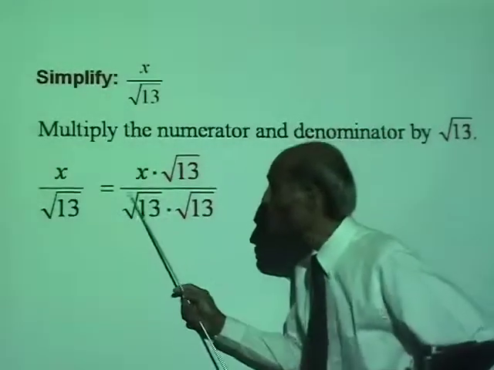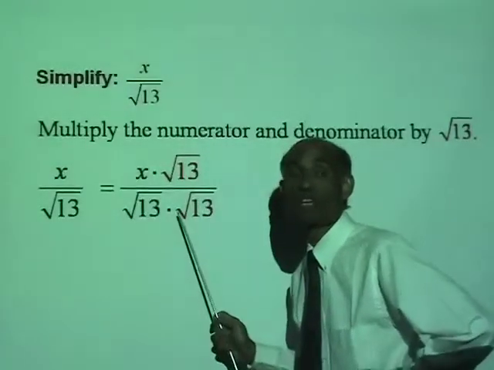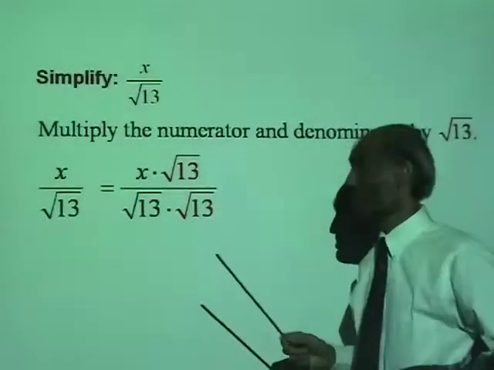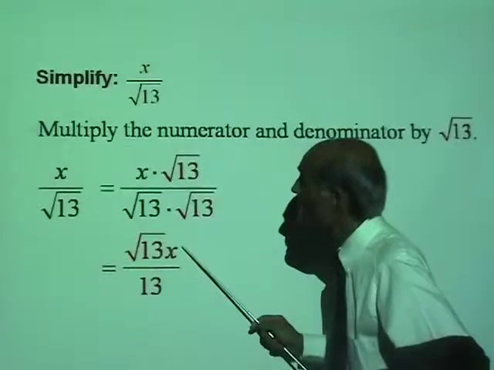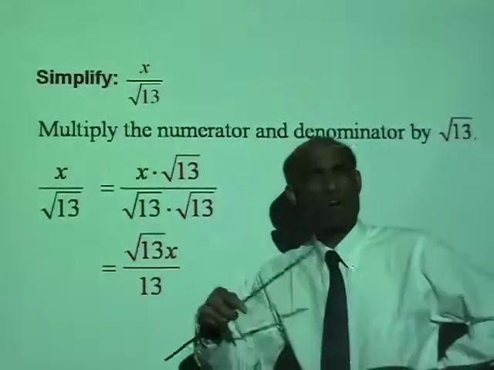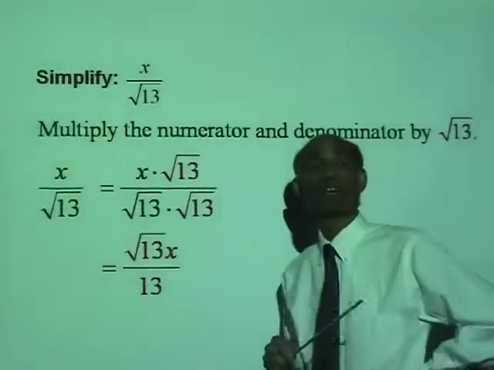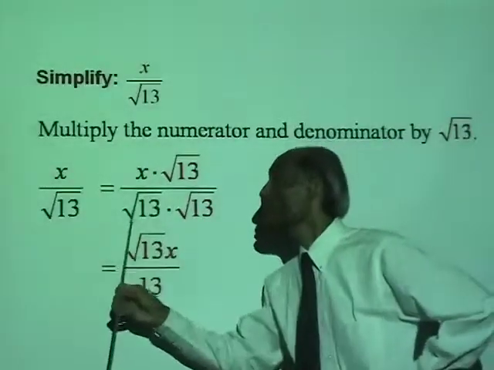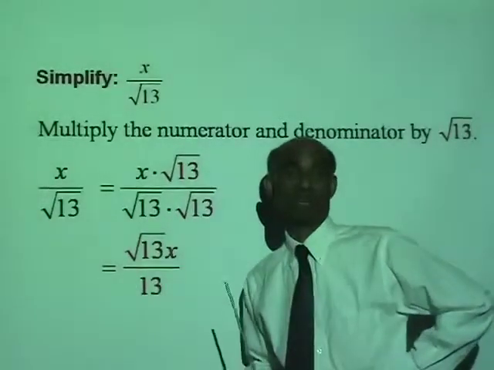Alright, what does the denominator now become? Square root 13 times square root 13 is 13. So the answer is square root 13 x or x square root 13. It doesn't matter how you write it. But the denominator is square root 13 times square root 13, which is 13.